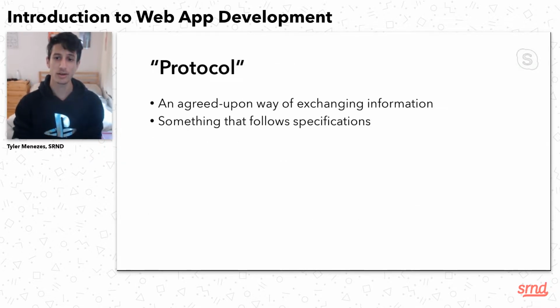Now, there are a few standards that we need to keep in mind. So again, I said that the actual concept of a server is very loose and undefined. One thing that isn't undefined is what's called a protocol. This is a standard, a way that different computers can talk to each other. So you can think of it as sort of like, I speak English, you speak English, we can communicate. Now, if I started speaking in like French or something, which I don't speak anyway, we wouldn't be able to communicate, right?